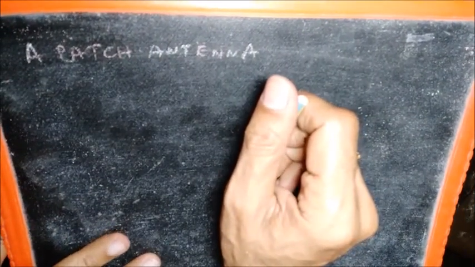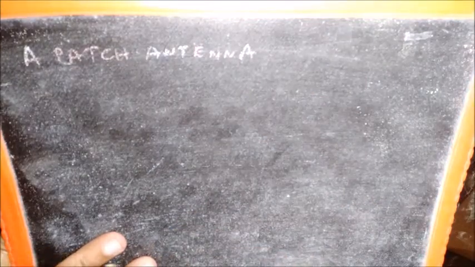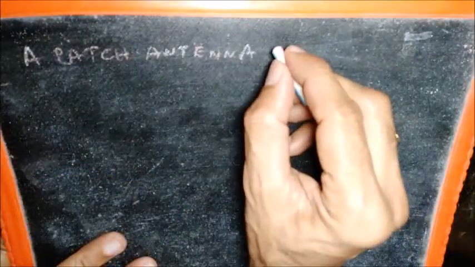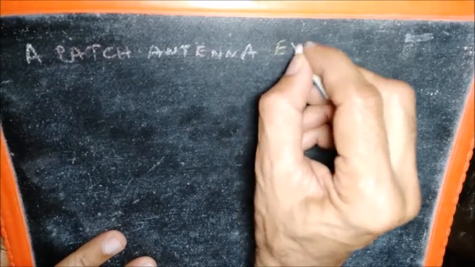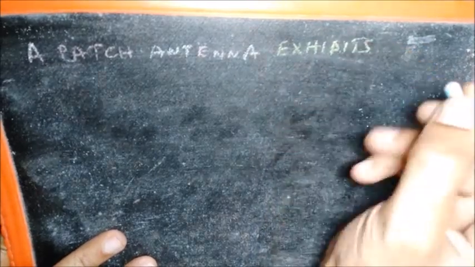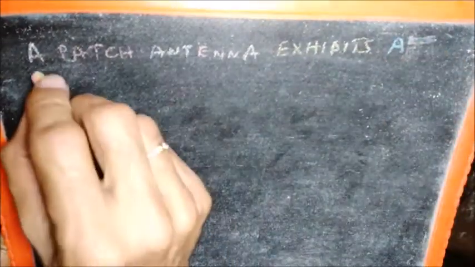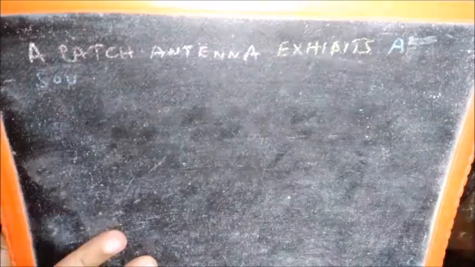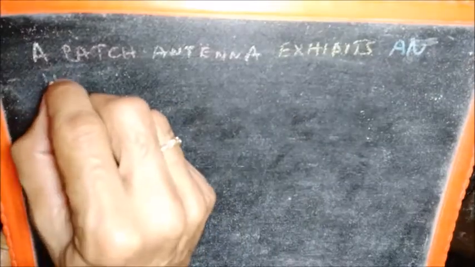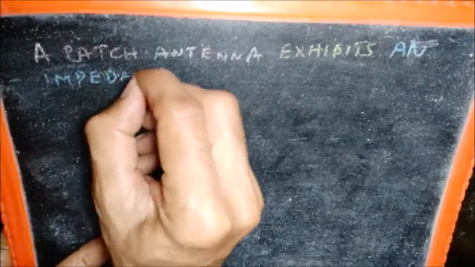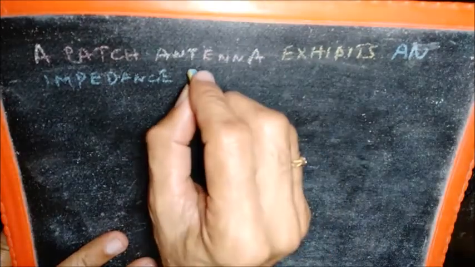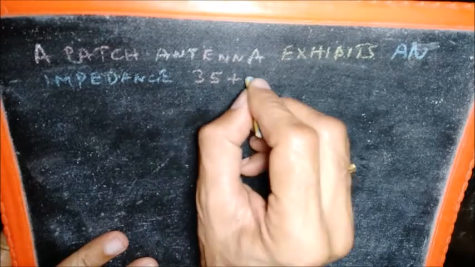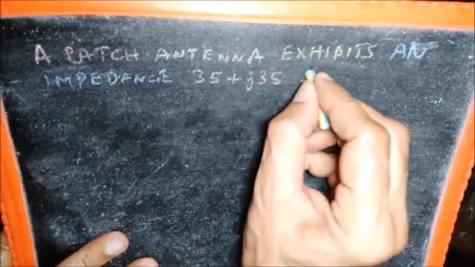So basically we'll be solving the problem based on a model, but the statement goes like this: a patch antenna exhibits an impedance equal to 35 plus j35 ohms.